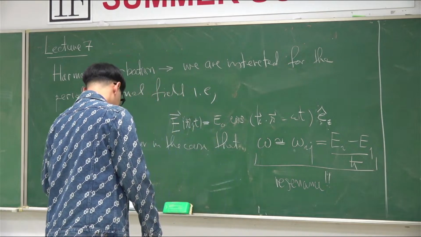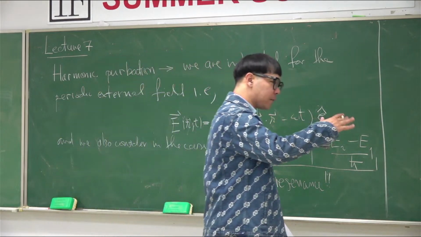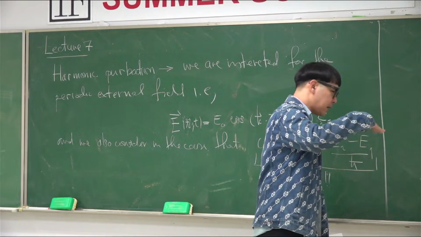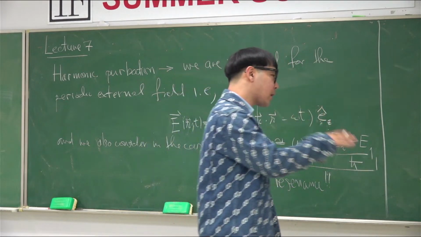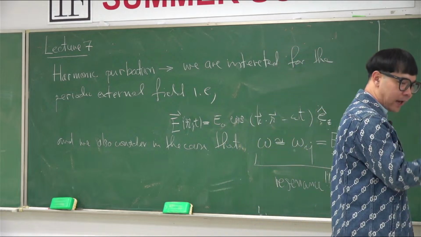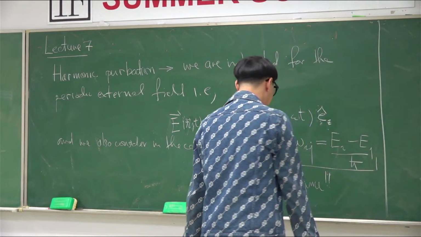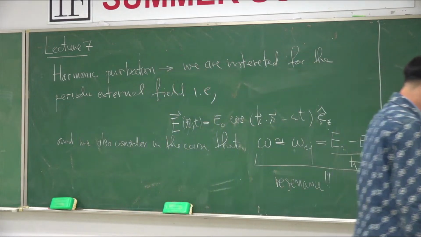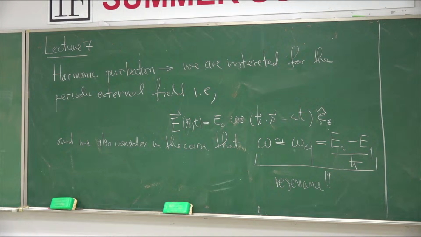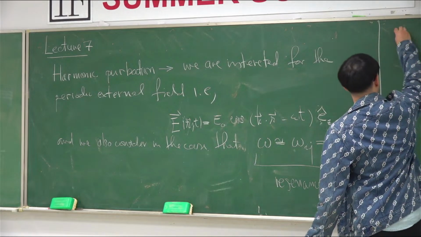If your system has its own frequency, and if you disturb it with a frequency which is very close to its own frequency, then you will get that kind of resonance. Okay, so we know, right?